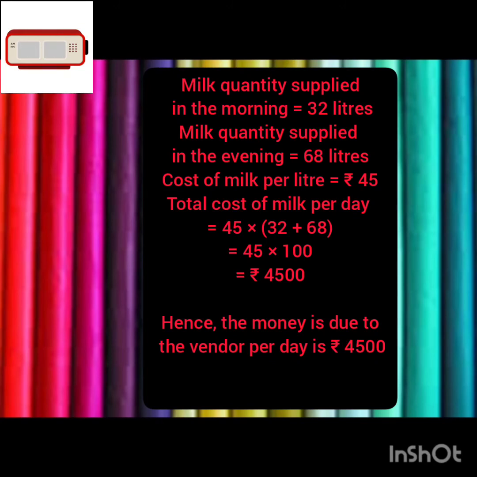So total cost of milk per day equal to 45 into 32 plus 68, that is equal to 45 into 100. So answer is rupees 4500. Hence the money due to the vendor per day is rupees 4500.